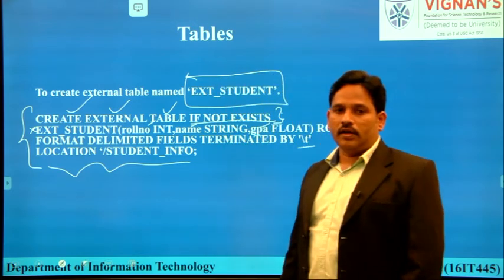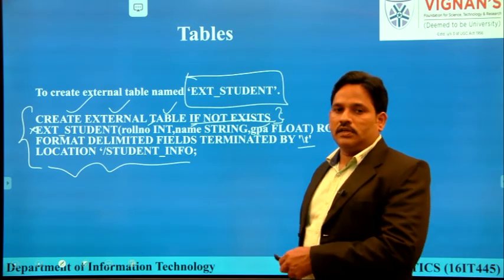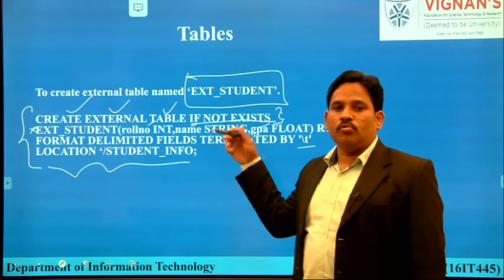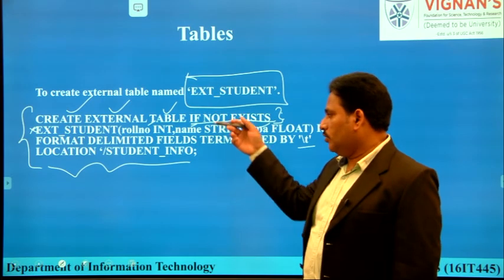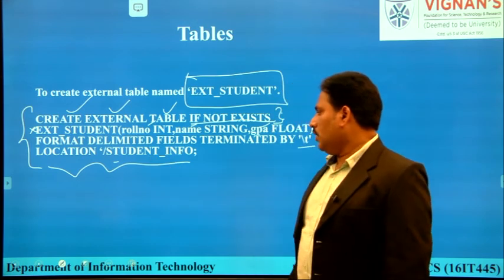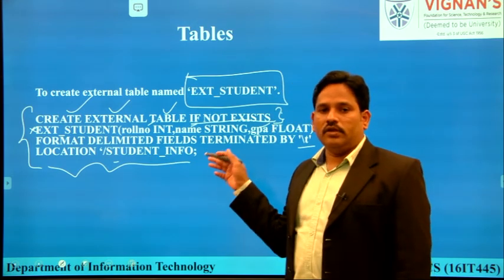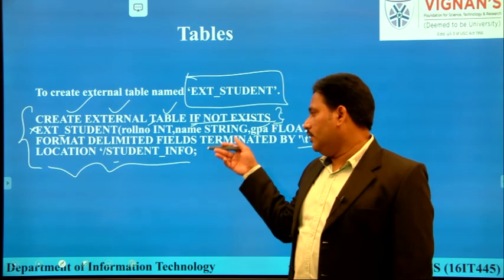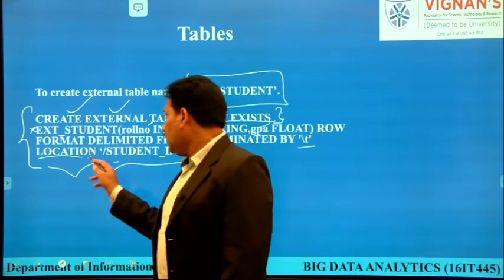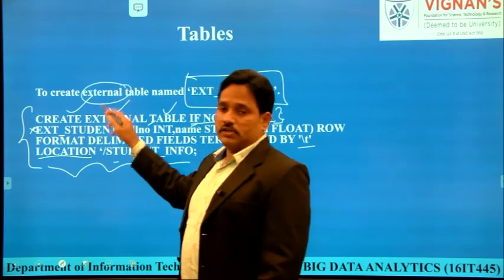Now look carefully at the difference between a managed table and an external table. Here we are creating a table in a remote location, from the local machine to a remote location. Here student_info is a path. The location is where we are creating the file. This location field is used to create an external table.